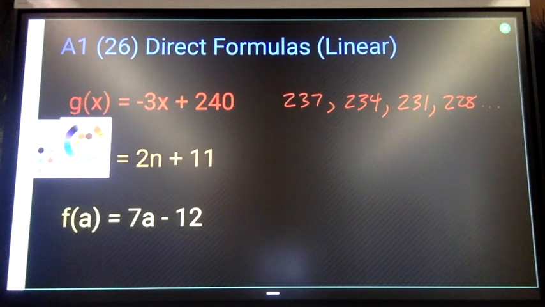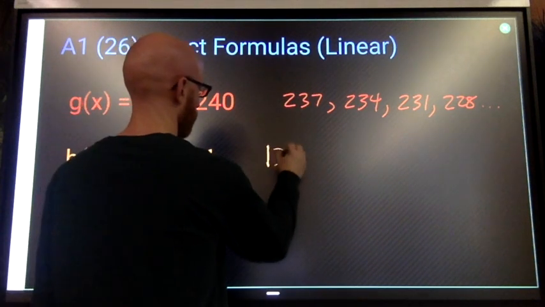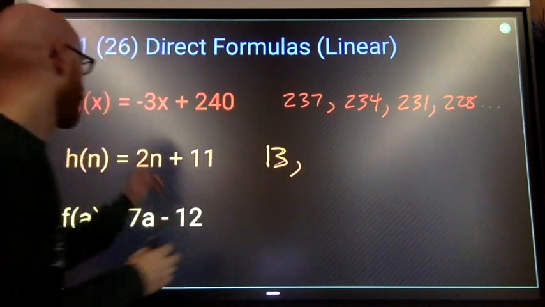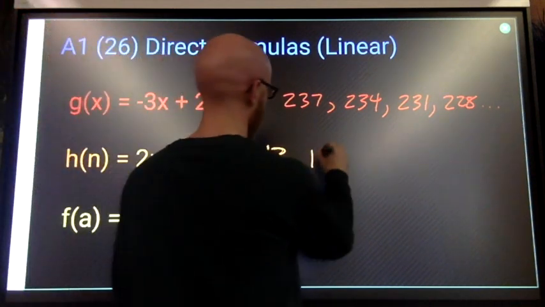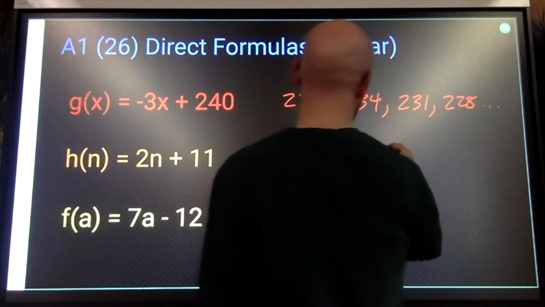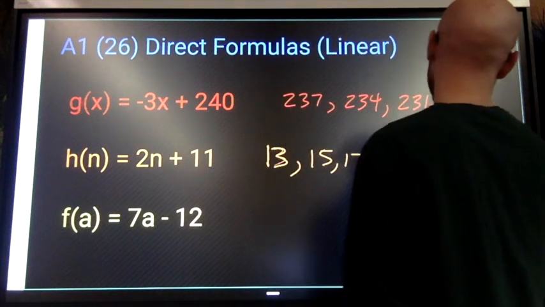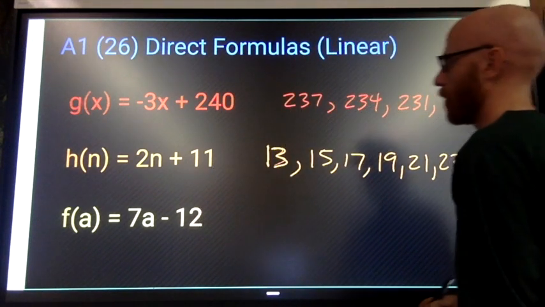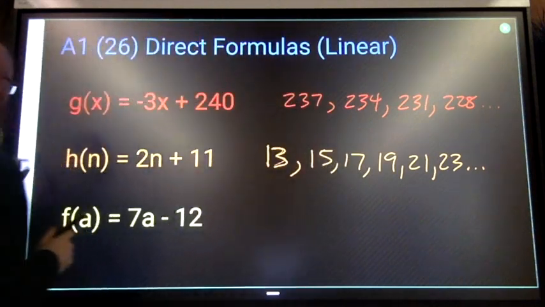Second sequence: 13, 15, 17, 19, 21, 23. Okay, that's what you should have gotten.